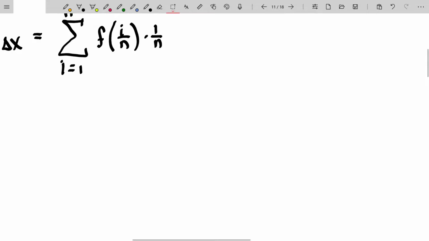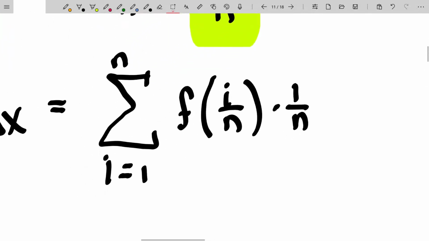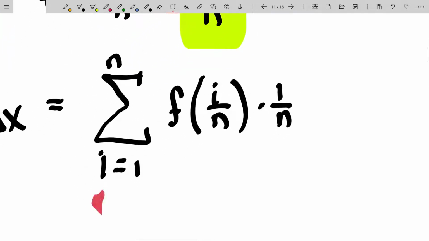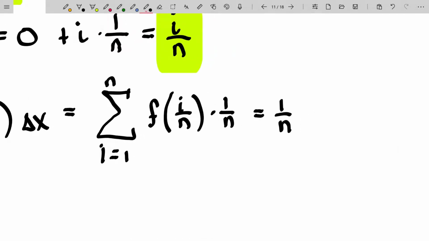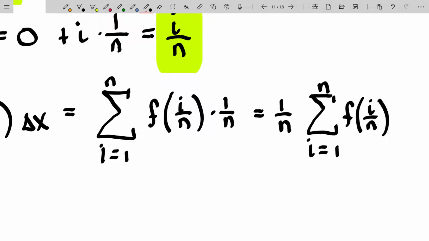Same thing here. If you have a factor that doesn't rely upon the index i, then you can move that factor outside. That factor in this case is 1 over n. That 1 over n multiplying each term is not affected by i, so I can factor it out, and I have the summation i equals 1 to n of f of i over n.